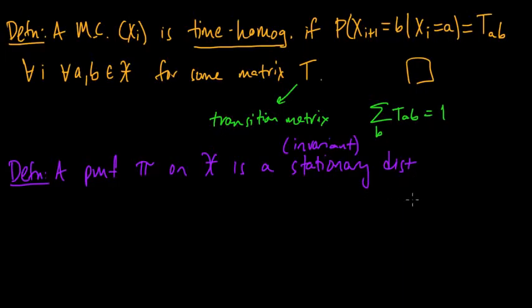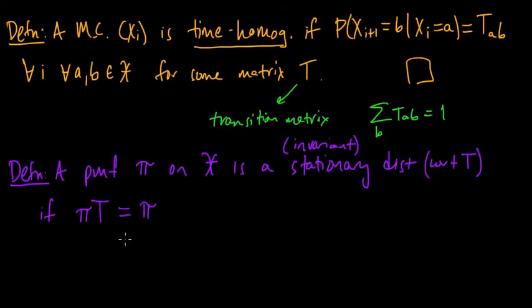So pi is a stationary distribution with respect to T. Usually we don't say that, but just to be precise. It's a stationary distribution if it satisfies the following property: pi T equals pi.